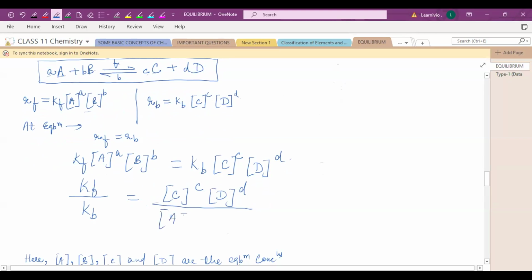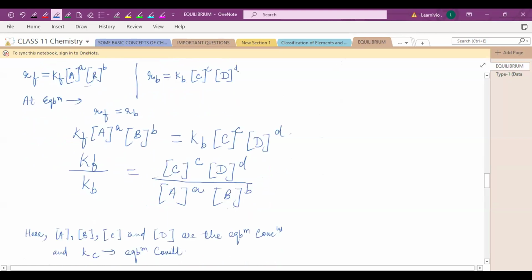Okay, so concentration of A raised to the power a, concentration of B raised to the power b. Now see, Kf, the rate constant of the forward reaction, upon Kb will be equal to the Kc. We can say that Kc is equal to Kf upon Kb.